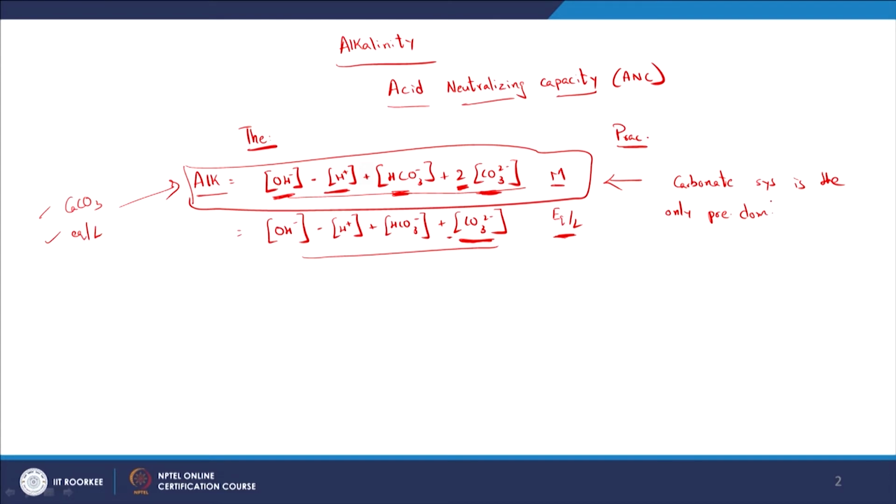So, again the theoretical definition considers that only the carbonate system is the predominating acid base system in your particular solution here, and based on that, alkalinity is nothing else but acid neutralizing capacity, right.